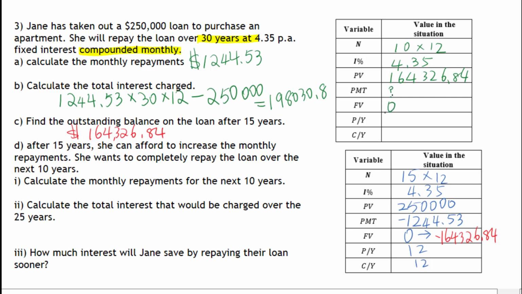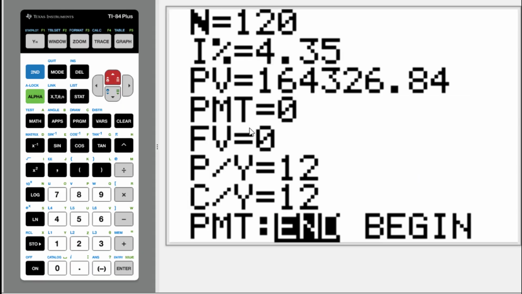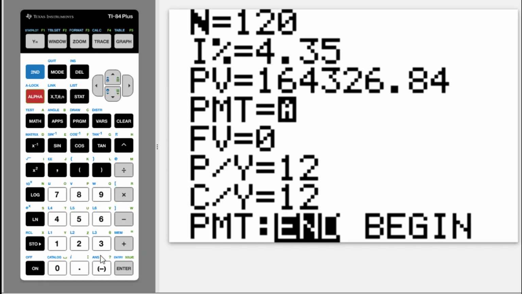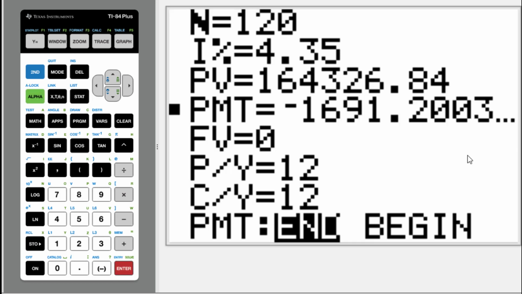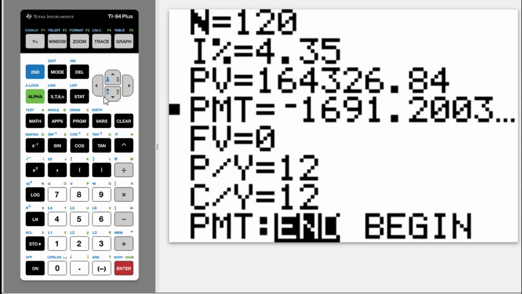Future value will be 0. This is 12, 12. Go to this payment, alpha, enter. Answer will be 1,691.21. Remember, round up for this payment value.